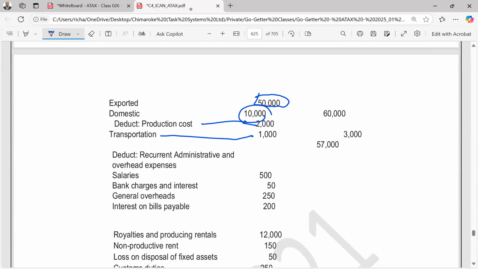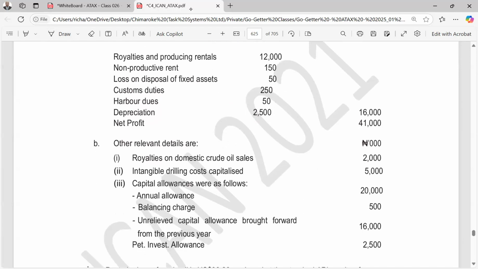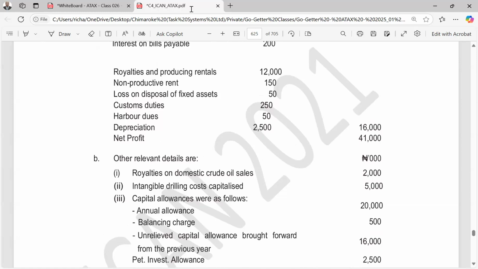So we've taken this. Then recurrent administrative and overhead expense. Meanwhile, you need to be careful if there are other things related to the other relevant details. We didn't say that.